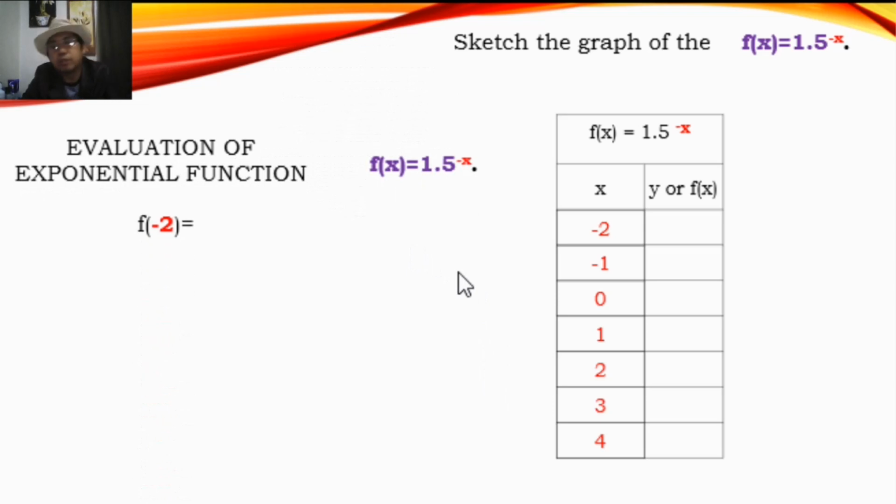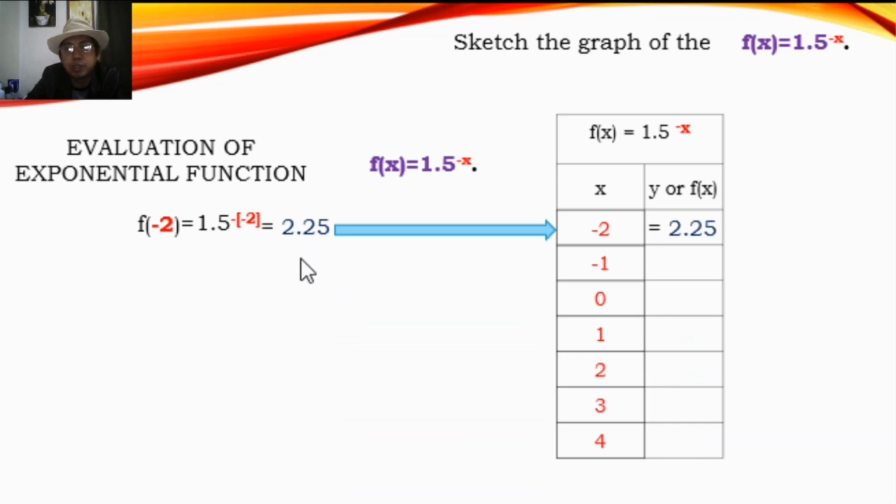So if I will evaluate, what if my x is negative 2? Well, of course, f of negative 2 will give me 1.5 raised to negative multiplied by negative 2, and so it will give you positive 2 as the exponent, so it will give you a result of 2.25.